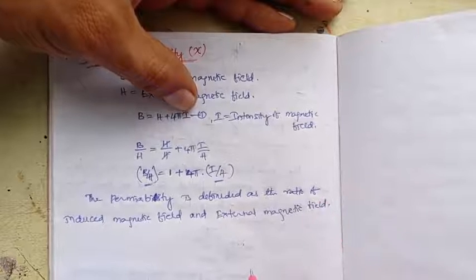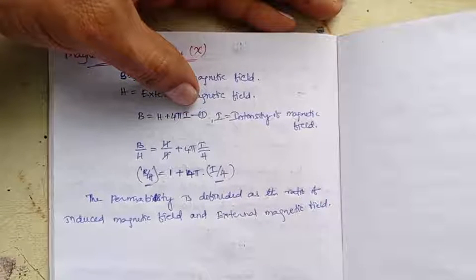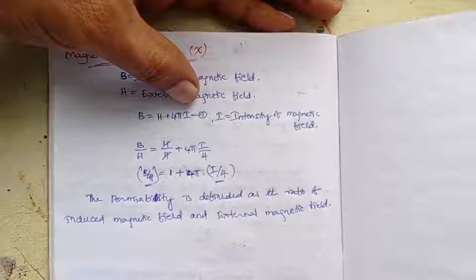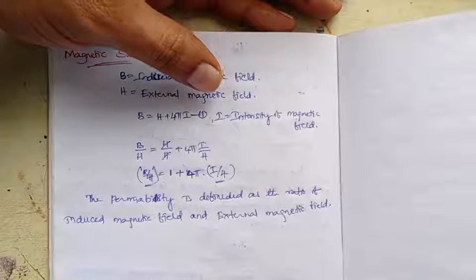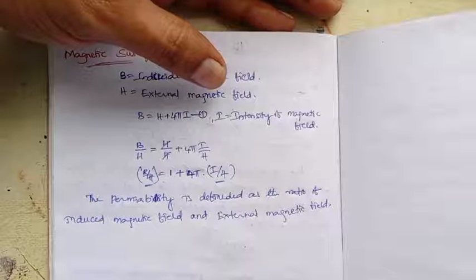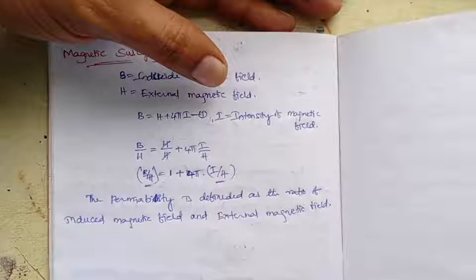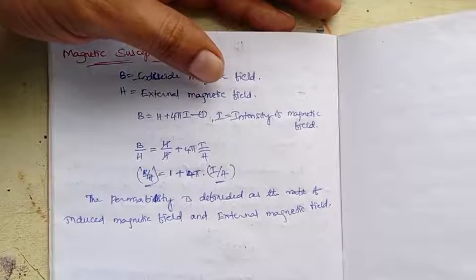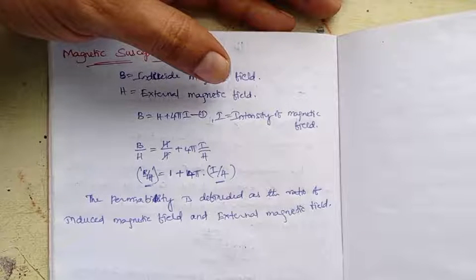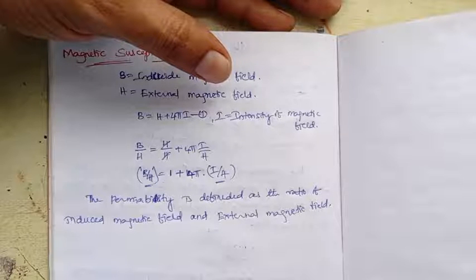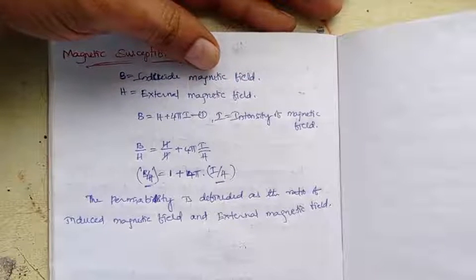External magnetic field, right? We had the term permeability in the last class, where in defining diamagnetic and paramagnetic substances, we said that diamagnetic substances will have permeability of less than 1, and paramagnetic substances will have permeability more than 1, right?